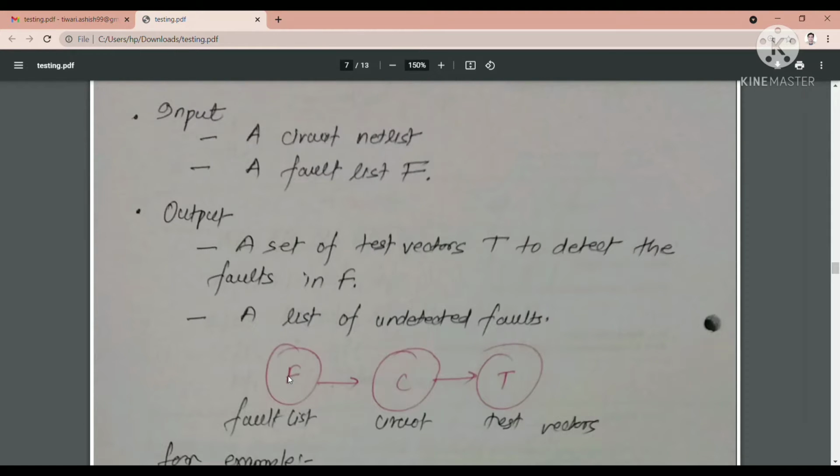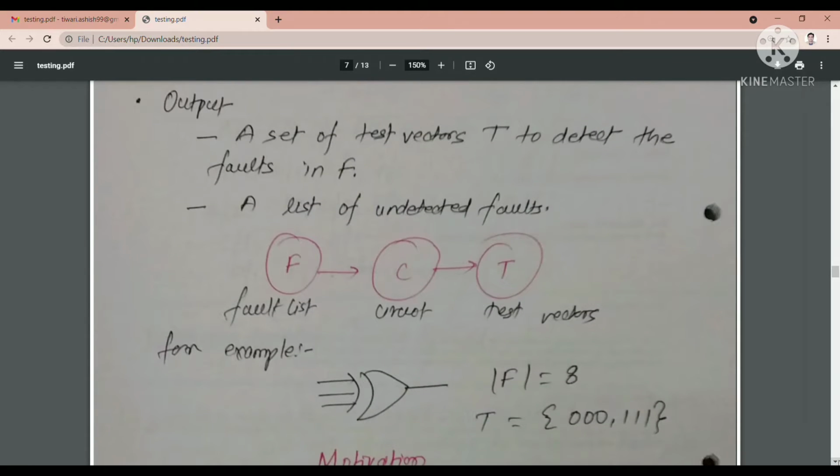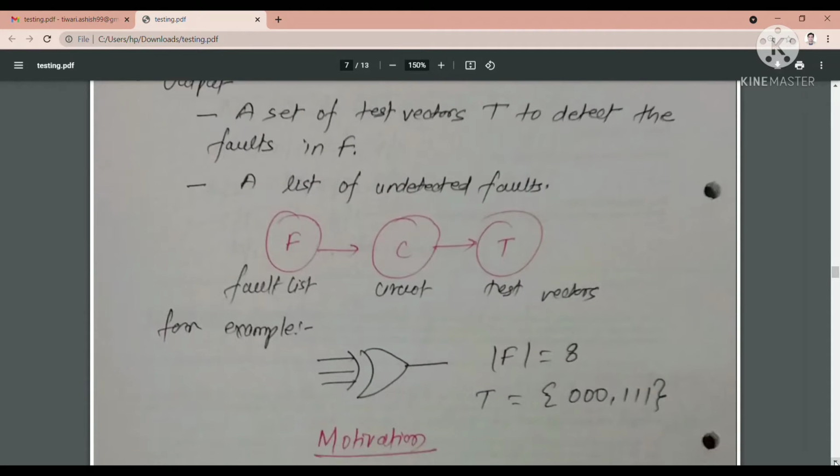If I want to detect a stuck at 0 fault in an adder, or suppose in any multiplexer, then accordingly I have to generate the test vector so that I can go back and test whether a stuck at 0 fault is there or not. So input is the fault list and output is the test vector, and this test vector is responsible for generating the output for my testing.